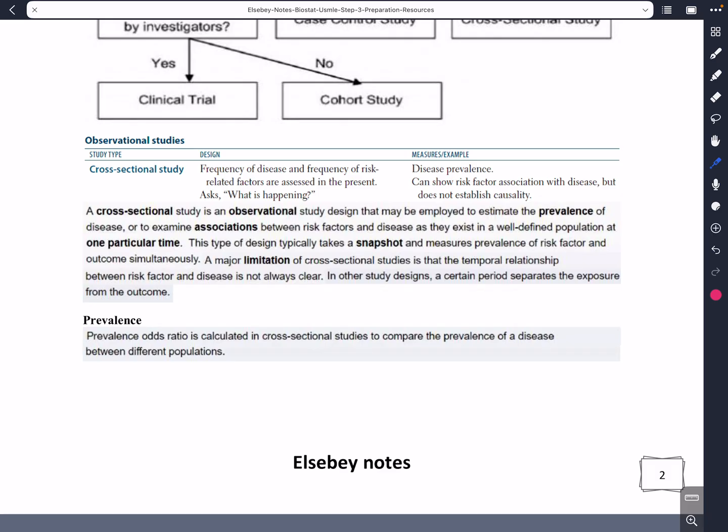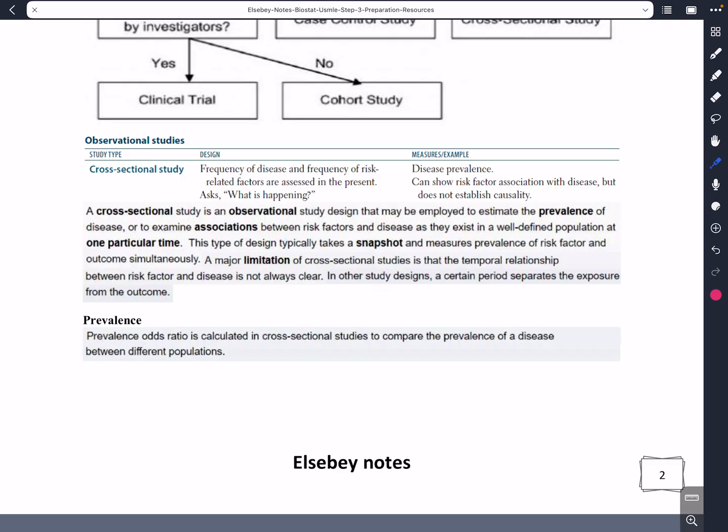The major limitation of cross-sectional study is that the temporal relationship between risk factor and disease is not always clear. In other study designs, a certain period separates the exposure from the outcome. So what is prevalence odds ratio? It is calculated in cross-sectional studies to compare prevalence of disease between different populations.